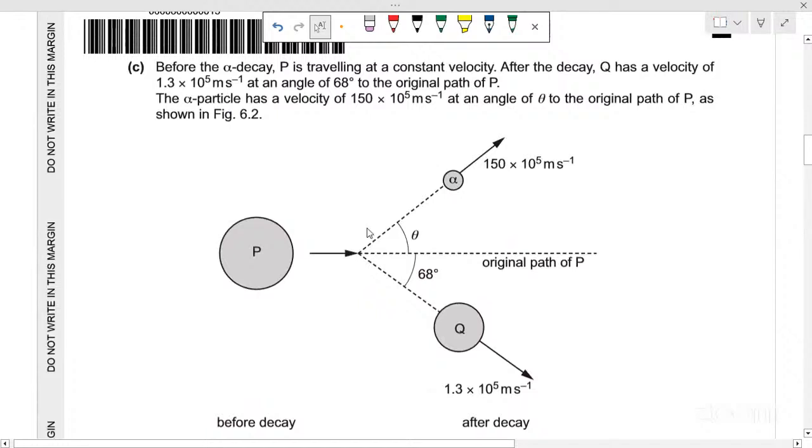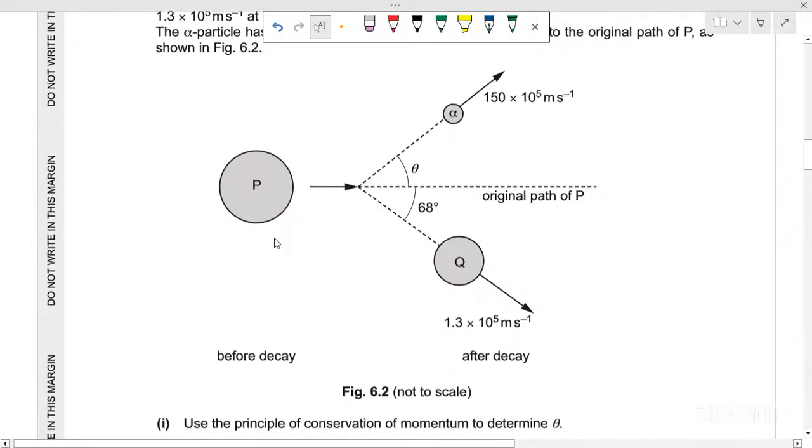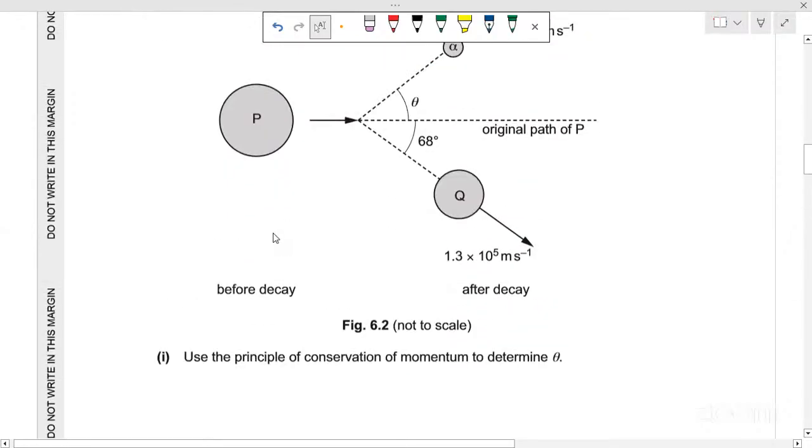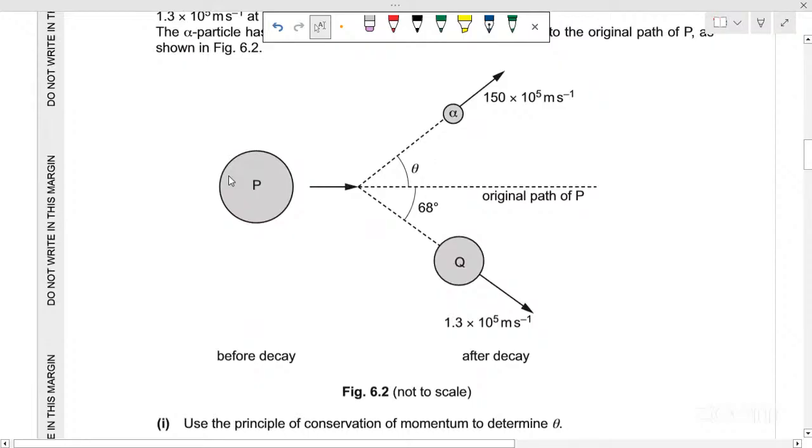So this is a two-dimensional collision case. So the momentum in both directions, in the x direction and y direction, will conserve. So how to write the equations? Initially we don't know the speed of this particle, but its momentum is along the x-axis. There is no vertical component of momentum.